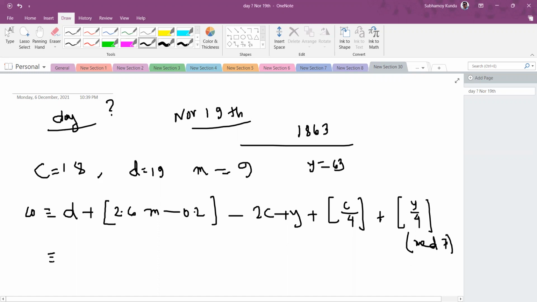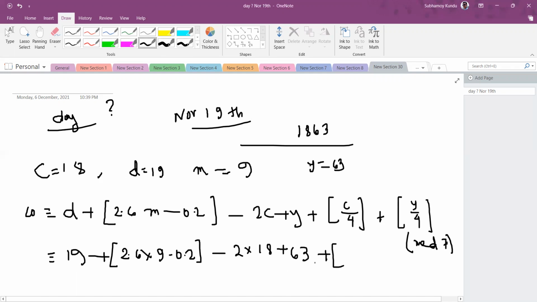If you calculate this way, let's put down these values. d is 19, m is 9, c is 18, y is 63, c by 4 is 18 by 4, and y by 4 is 63 by 4, mod 7.